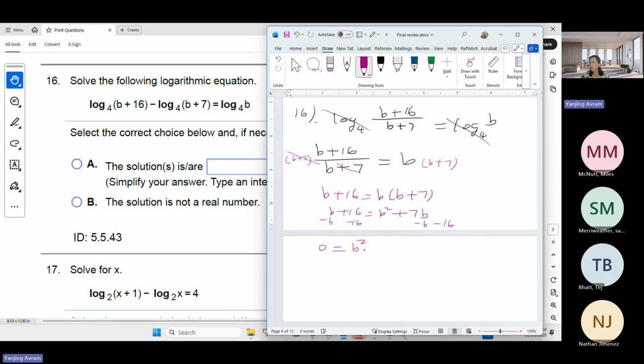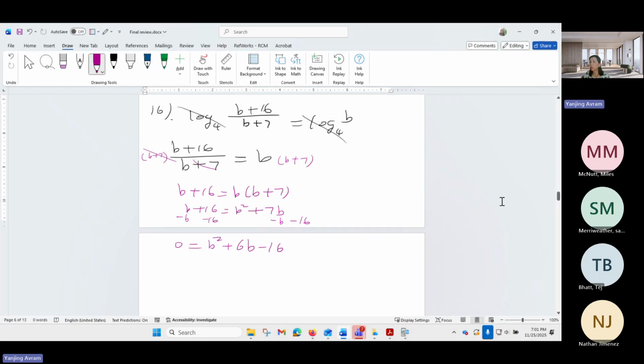And then that's b squared plus 6b minus 16. And this one, you can do the factoring, okay? Negative 16, you can factor into 8 and negative 2 because these add together equal to positive 6. So we're going to have (b plus 8)(b minus 2) equal to 0, right? And each factor will be 0. Okay, the solutions here are negative 8 and 2.